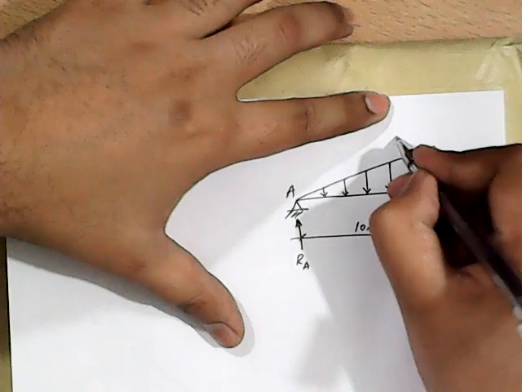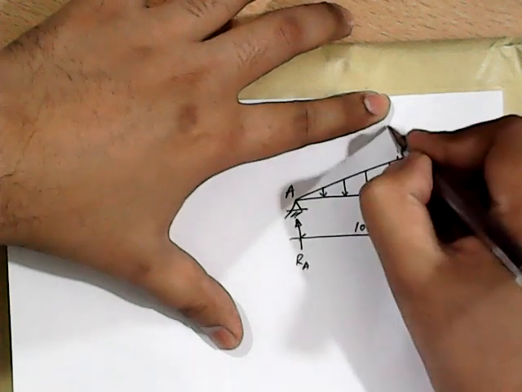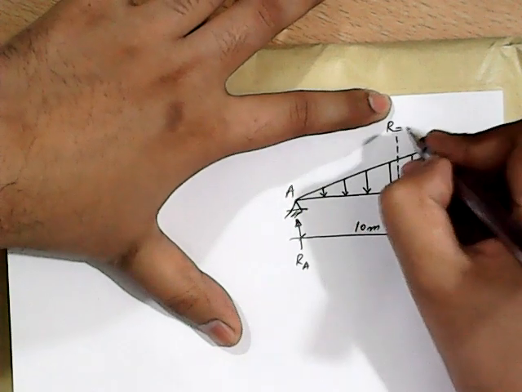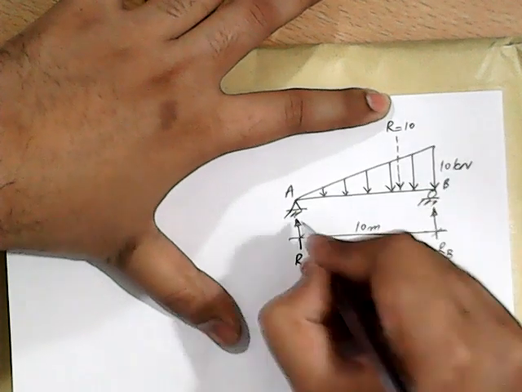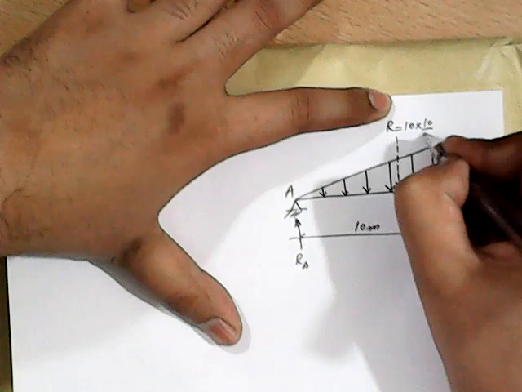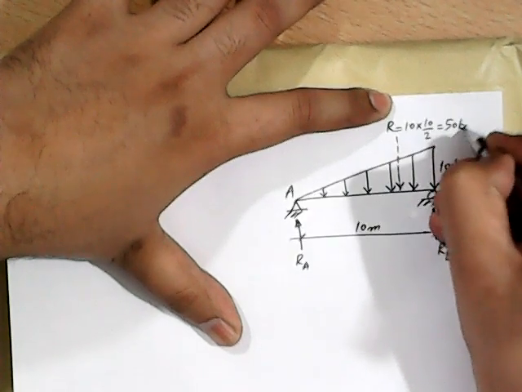If I draw the resultant here, it will be somewhere over here, resultant R, where 10 is this ordinate and 10 is the base. So 10 into 10 divided by 2 gives us 50 kilonewton.